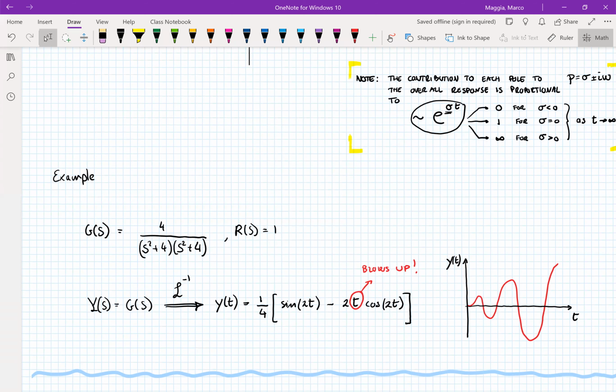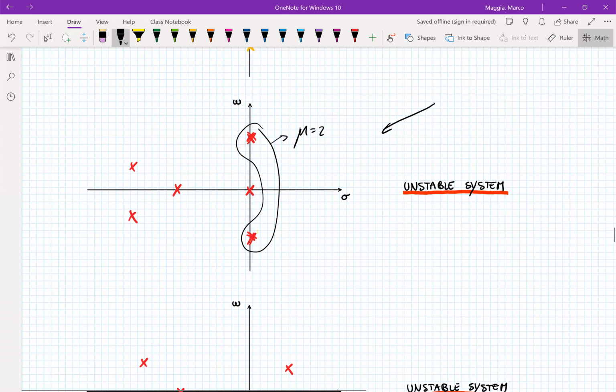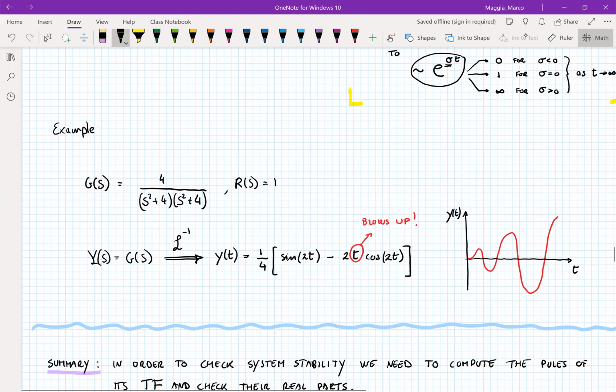Now here, a quick example of the unstable system that we saw over here. Well, not exactly the same, but a similar one. That is, we have a repeated pair of imaginary poles. In this case, we have P1 and 2 that are equal to plus or minus 2i.